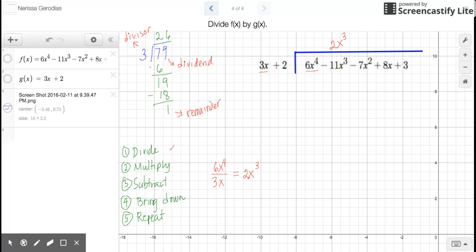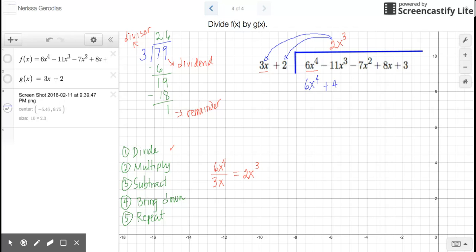Now after we divide, we are going to multiply. But when we multiply, we have to multiply 2x cubed by 3x, which gives us 6x to the fourth, and we put that here. And then we multiply it also by 2, and that's going to give us positive 4x cubed.